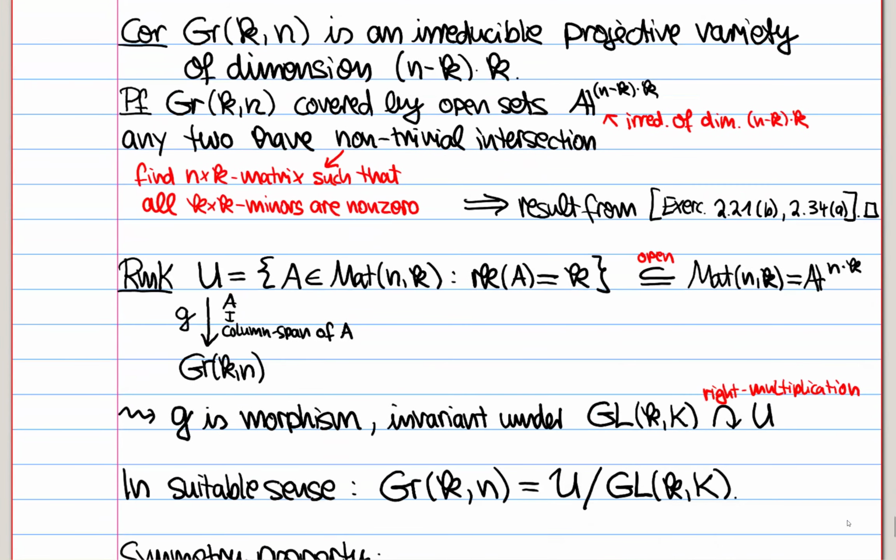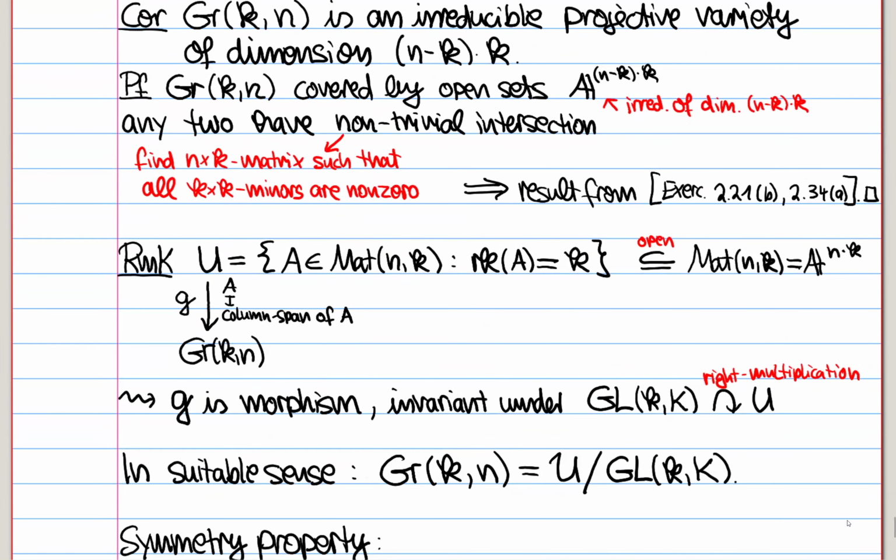One other remark goes in the same direction. You can write down here in the space of all matrices the subset of matrices which have rank k, and we have already seen that such a thing is an open condition, so it's an open subset of this space of all matrices.